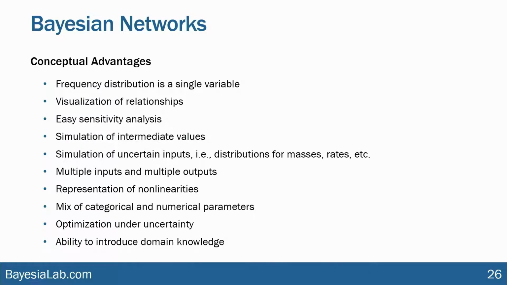We can visualize the relationships between individual variables. We can perform sensitivity analysis very easily. We can also simulate values that we haven't explicitly tested, so interpolation is very easy. And this will come in handy for simulating different payloads.